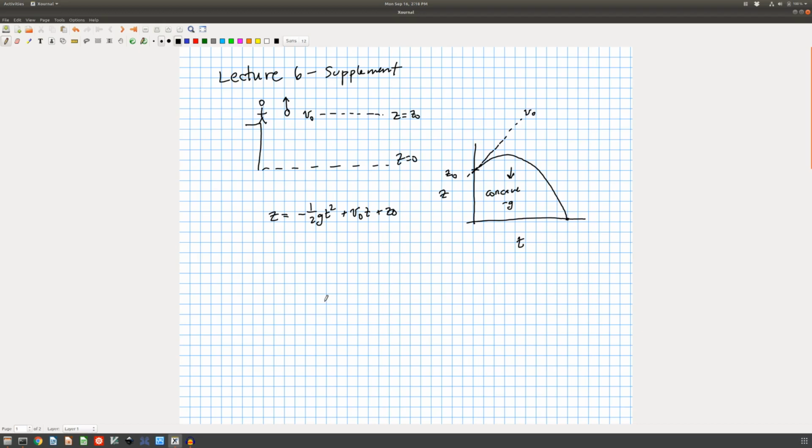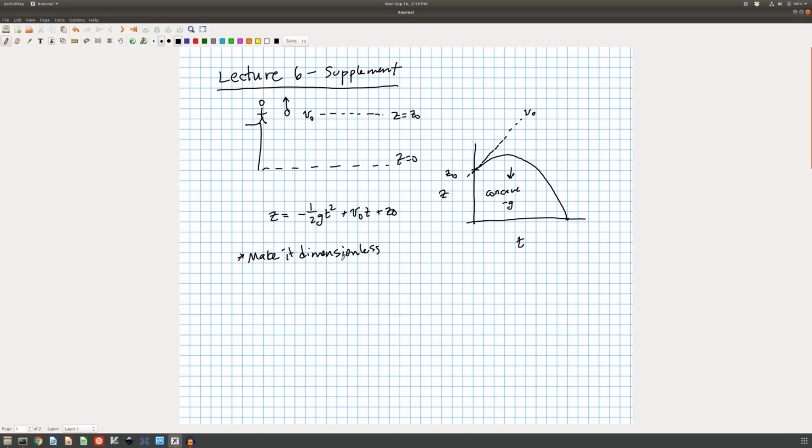So what we said is we wanted to make this equation dimensionless. To do that, I needed to do a couple things.